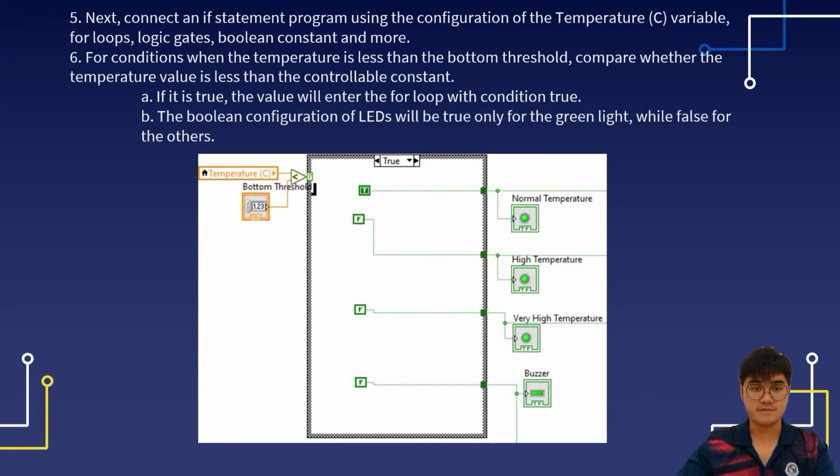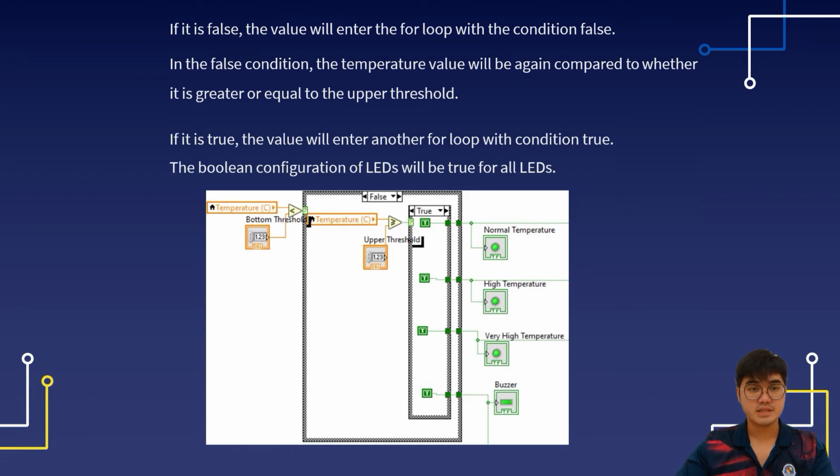If it's true, the value will enter the for loop with condition true. The Boolean configuration of the LEDs will be true only for the green light, while false for the others. If it is false, the value will enter the for loop with the condition false. In the false condition, the temperature value will again be compared to whether it is greater than or equal to the upper threshold.